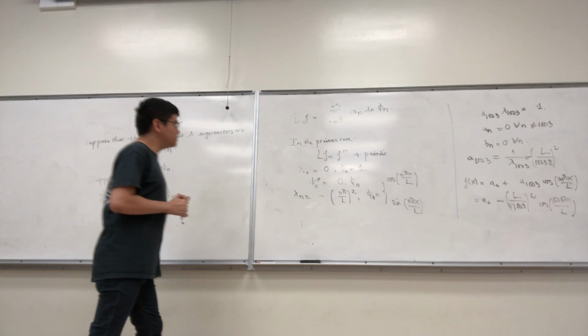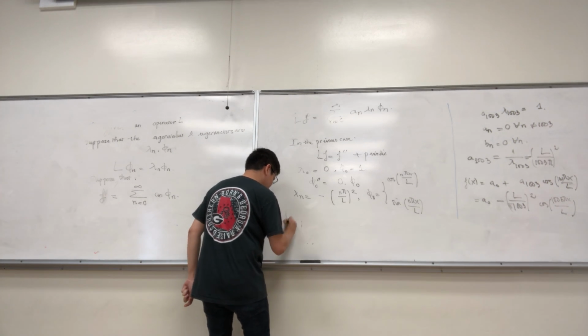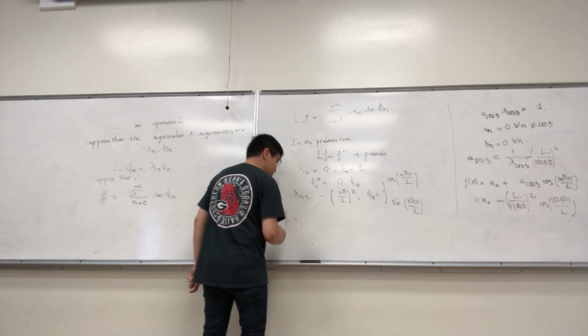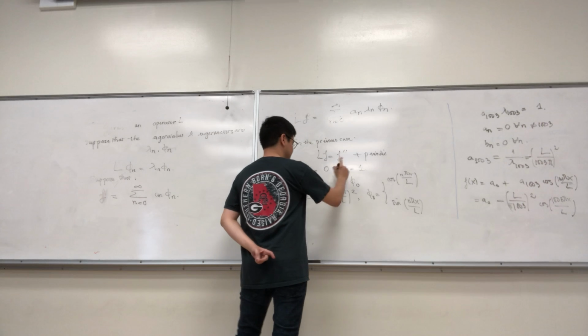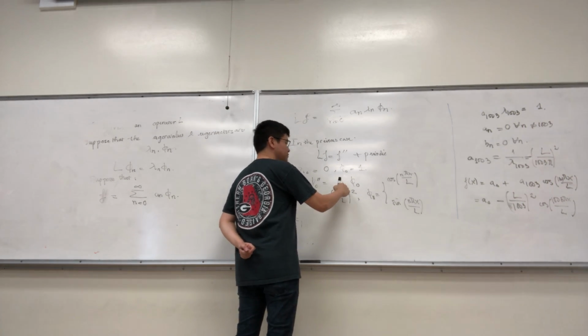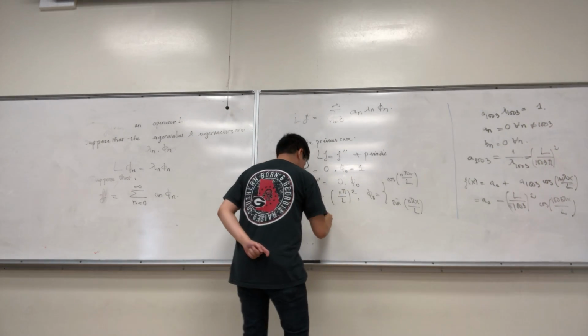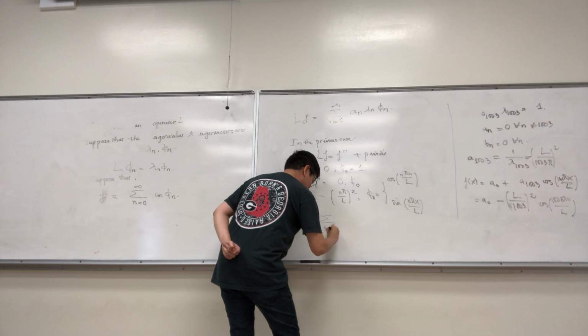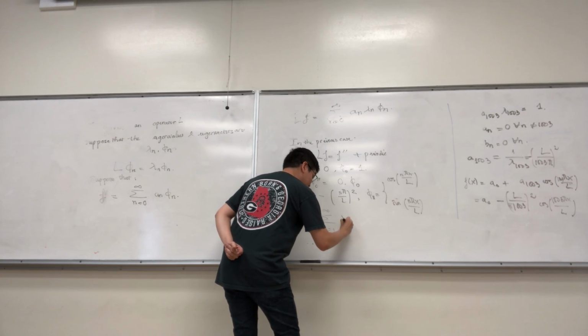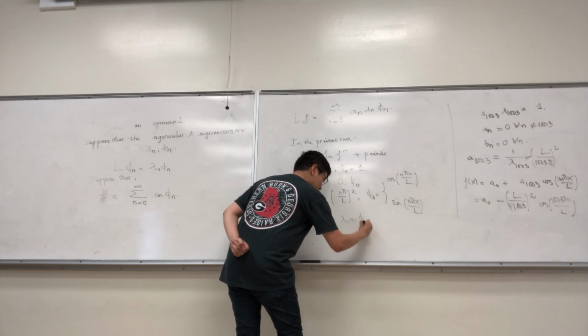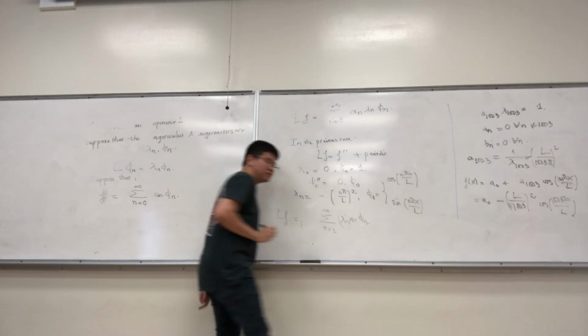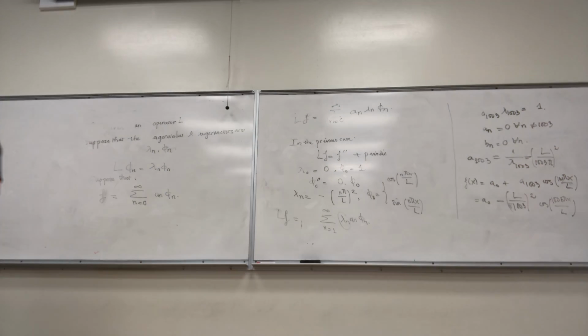Now, L of f will be, because the first one is 0, we can ignore that, the sum over n going from 1 to infinity of lambda n a n phi n. Right? So you don't have to do anything. You have to multiply all of the Fourier coefficients with lambda n.